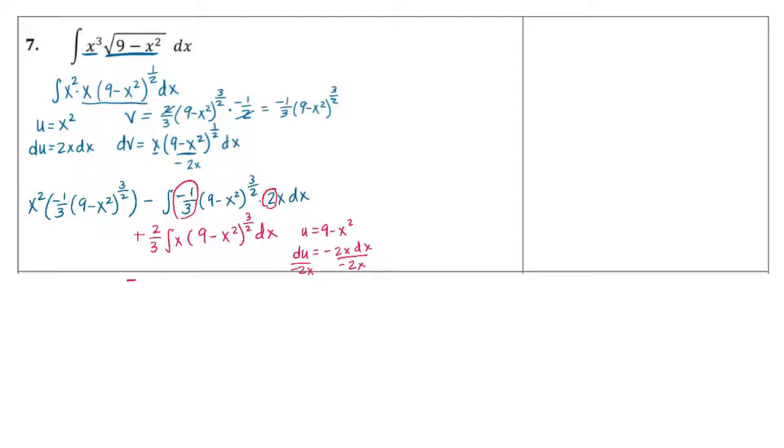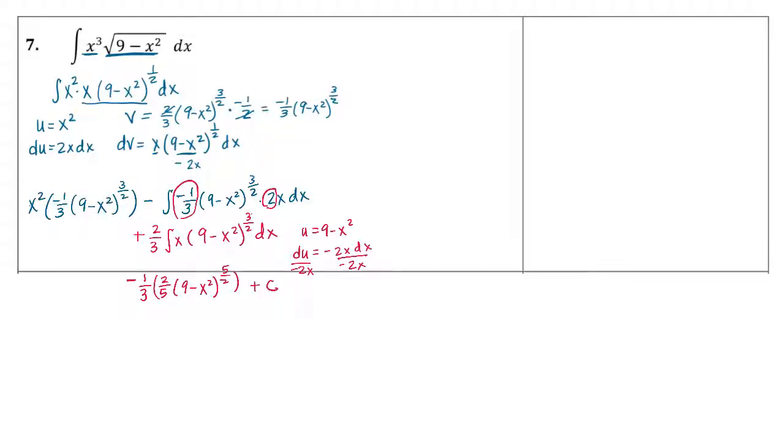So that's going to flip the sign back to a negative. We're going to have 1/3. And then again, we're going to add 1 to the exponent. So we're going to have 5 halves, so 2/5 on the outside, times 9 minus x squared, raised to the 5 halves, and then plus c.